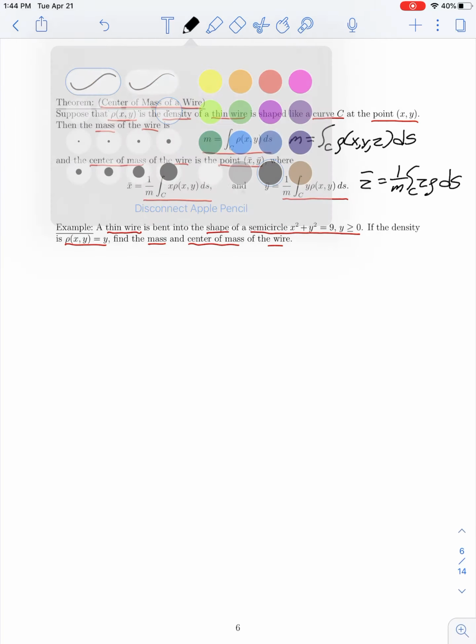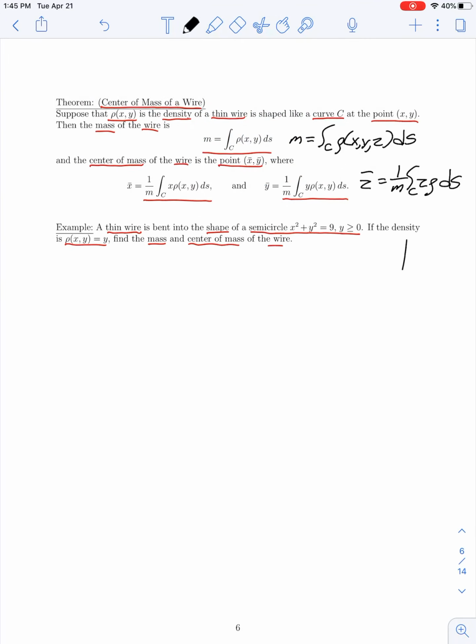So let's start by visualizing it, a little sketch of what our wire looks like here. It was the upper half circle of radius 3. And so our wire can be thought of as being modeled by some plane curve C. And its density increases as y increases.